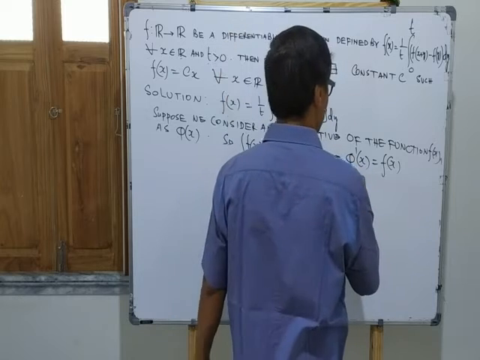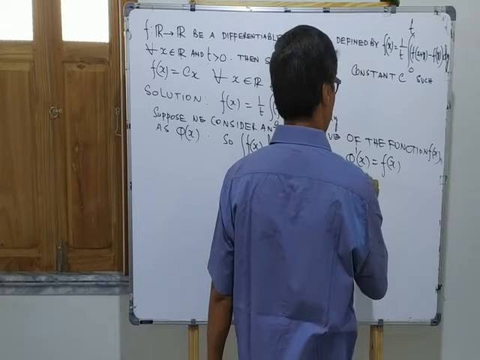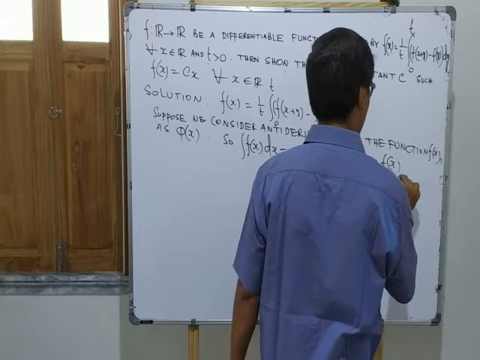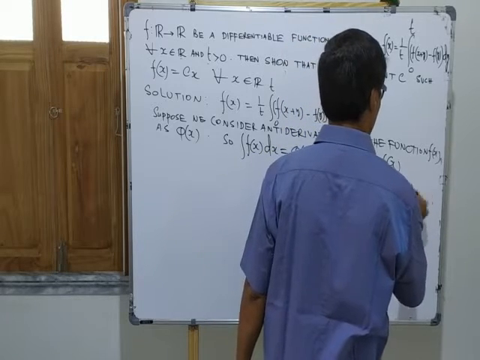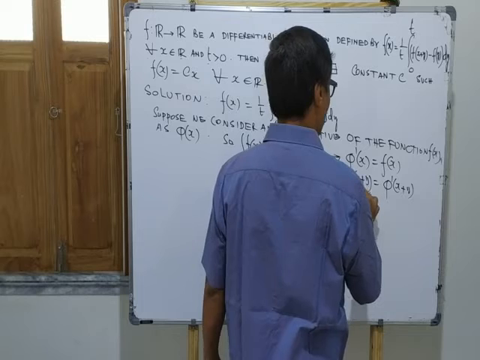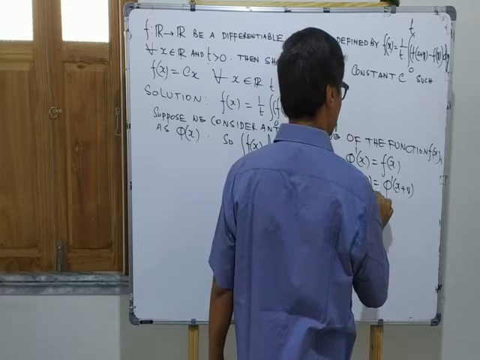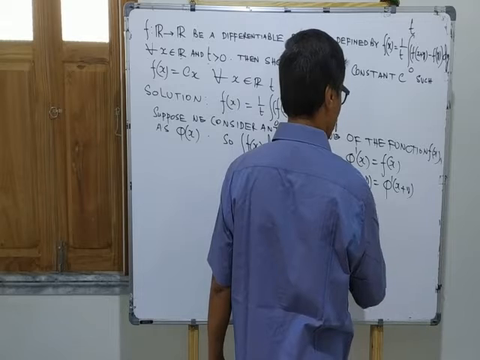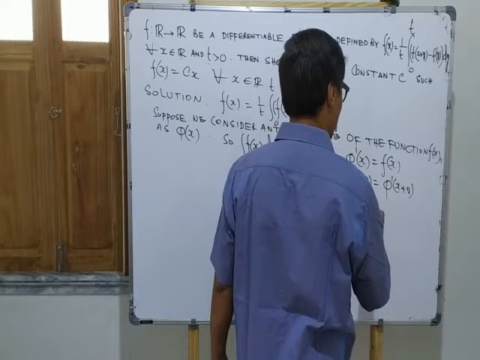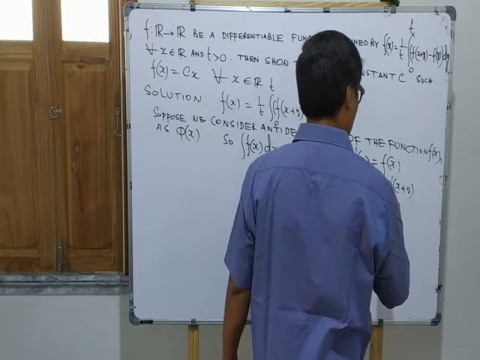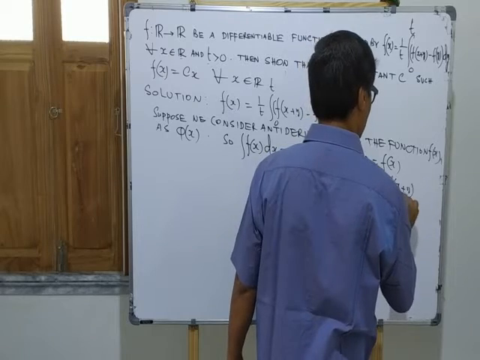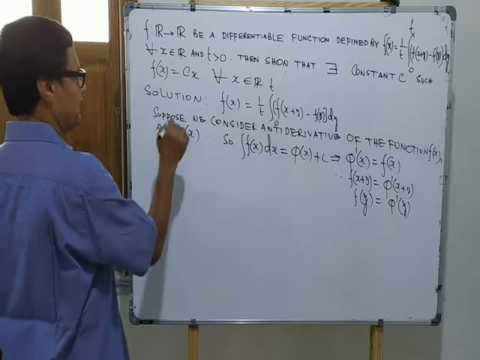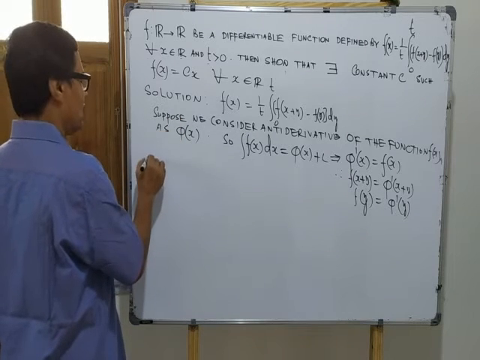So we can get f(x plus y) equal to phi dot (x plus y), and f(y) also equal to phi dot y.